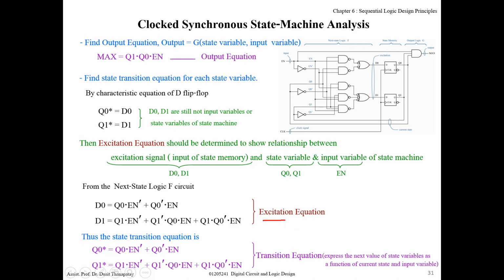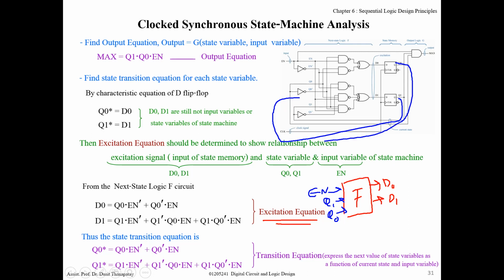So it's called the excitation equation, to show the relationship between the output of F, D0 and D1 in this case, and the input of F, in this case En and Q1, Q0, or the output of the flip-flop that feeds back to F.